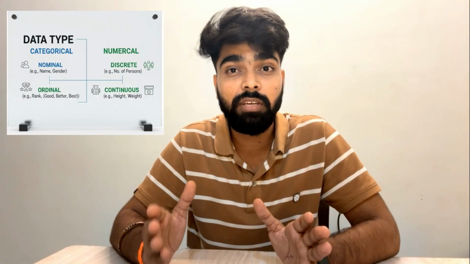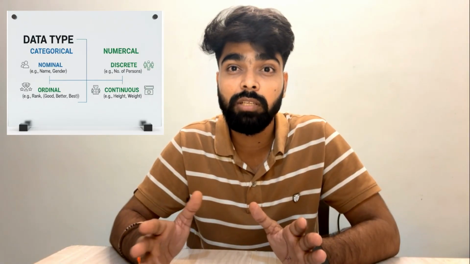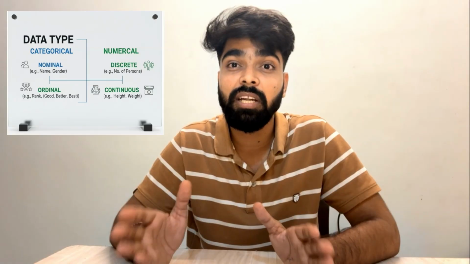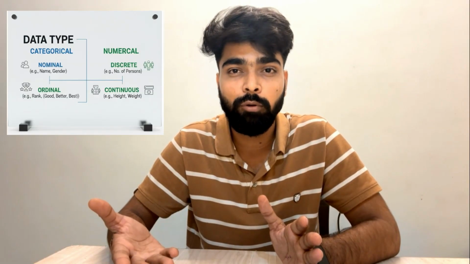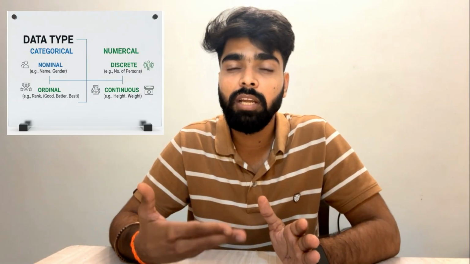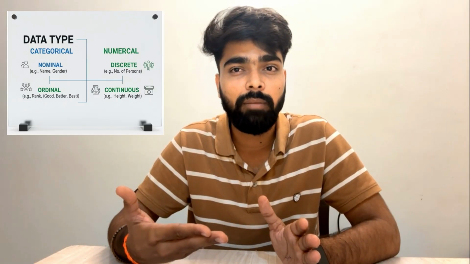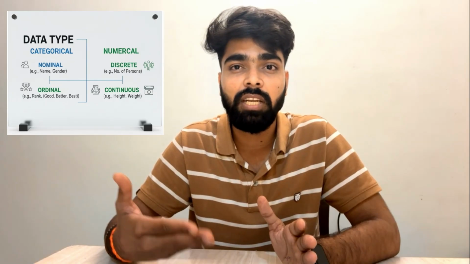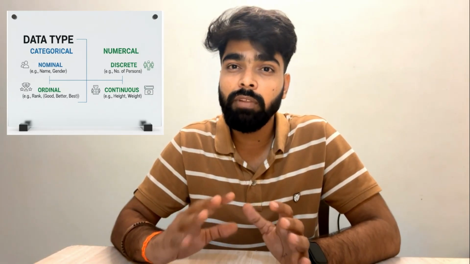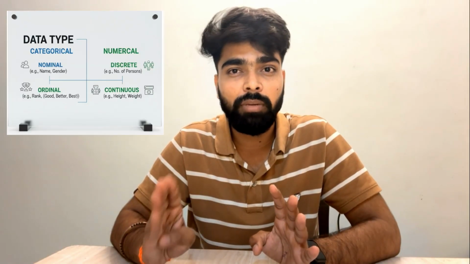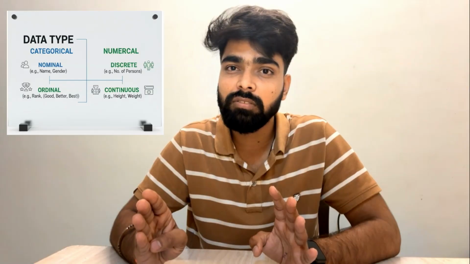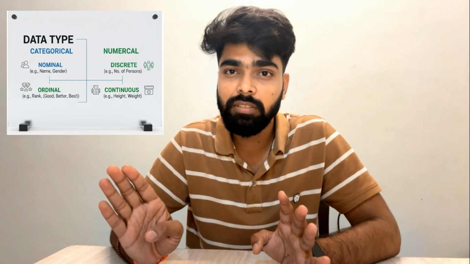This image or this video is nothing but numerical only, because behind the scenes it is a matrix, and a matrix is nothing but numbers. So we have only two types of data, categorical and numerical, and each of them has two more types. If I talk about categorical, we have ordinal and nominal. If I talk about numerical, we have discrete and continuous values. So we have four types of data majorly: ordinal categorical data, nominal categorical data, discrete numerical data, and continuous numerical data.